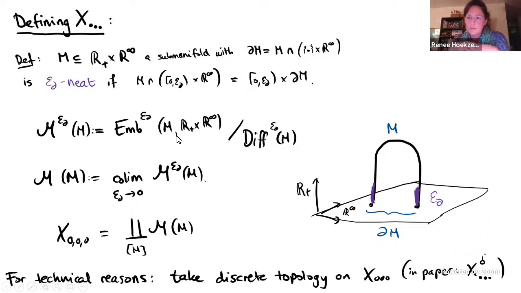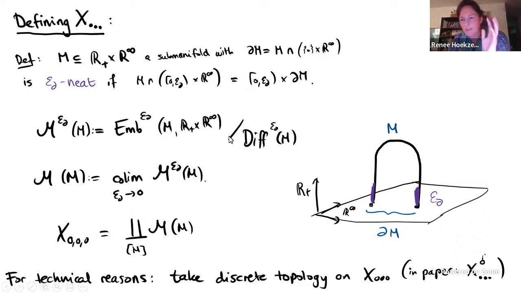Now in order to define all copies of my manifold in R infinity, I take embeddings that respect this collar from my manifold into R plus times R infinity.